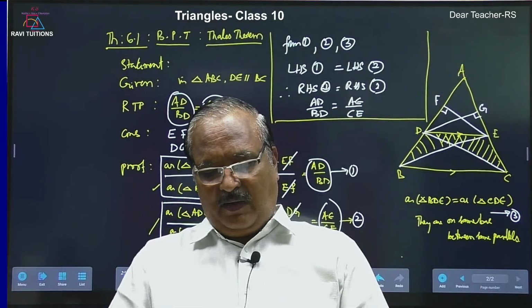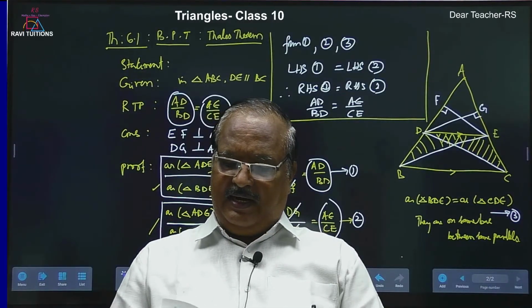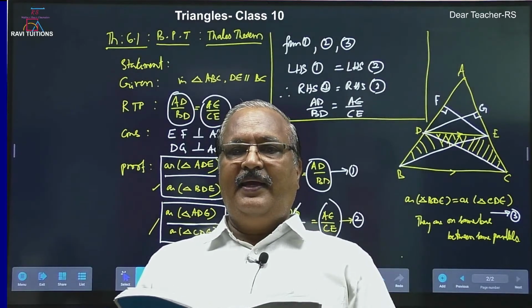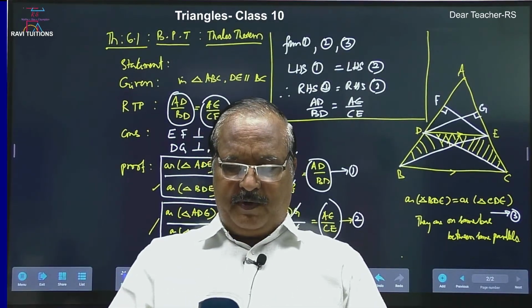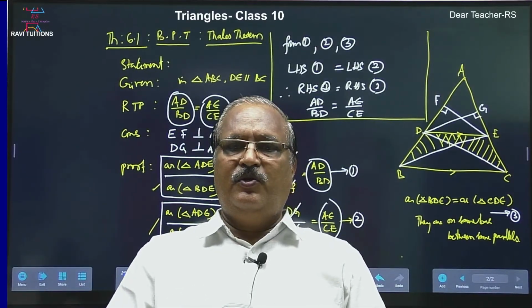Now, after this we have a few more theorems, and they are not that important. AA similarity, triple S similarity, they are not important. I advise you to just leave those theorems.